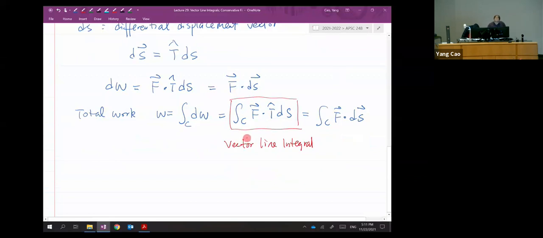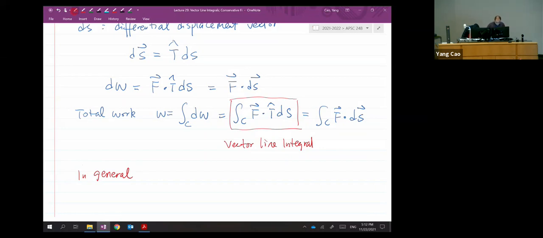In the derivation here, we considered F, a vector field, as more or less a force vector field. But in general, I don't have to consider this as a force, and I don't have to think of this as total work done.